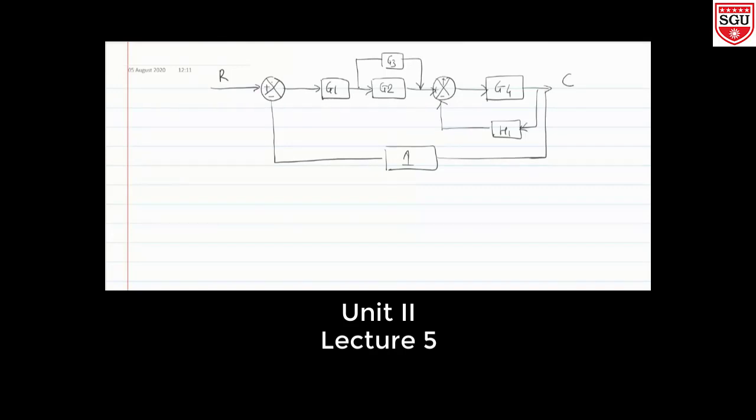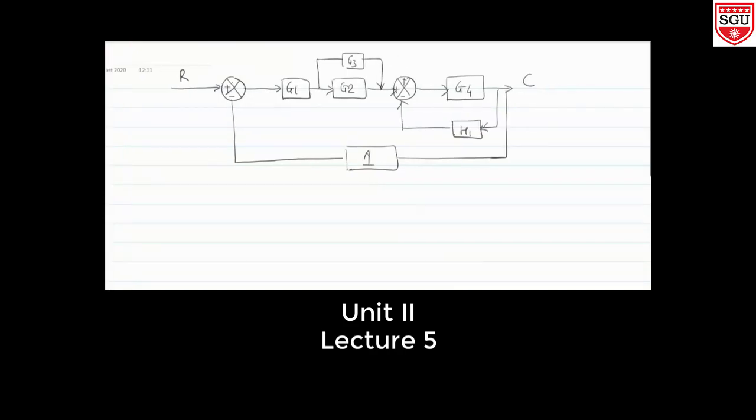So tell me, what will be the first step after looking at this block diagram? Which rule comes to your mind first, which you can utilize? Here I have a small mistake, sorry, it is here.